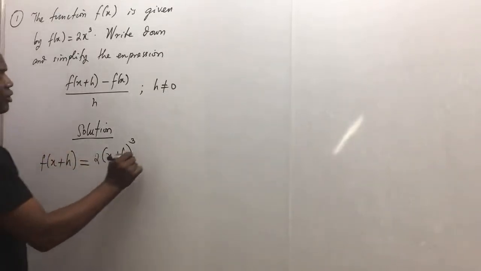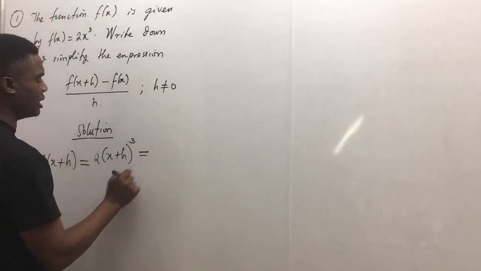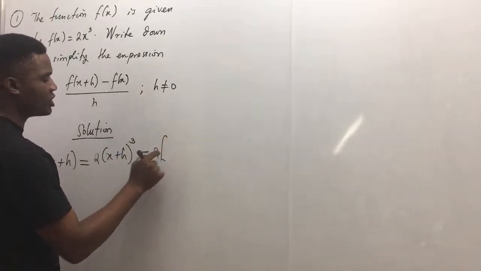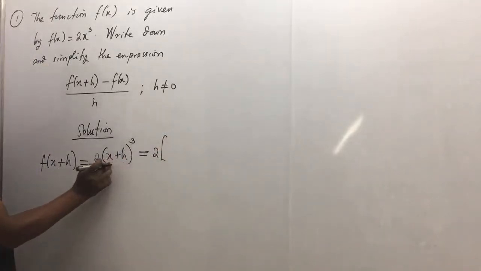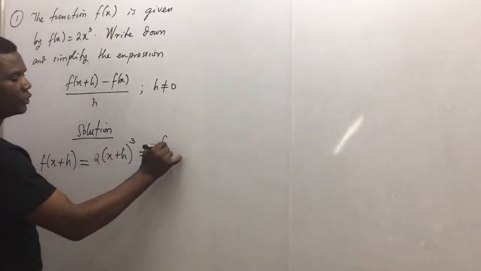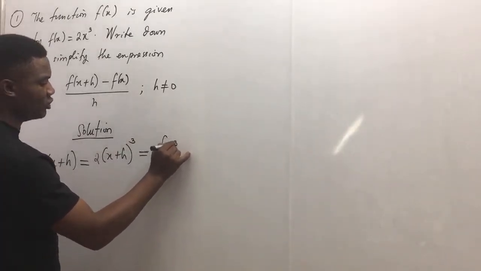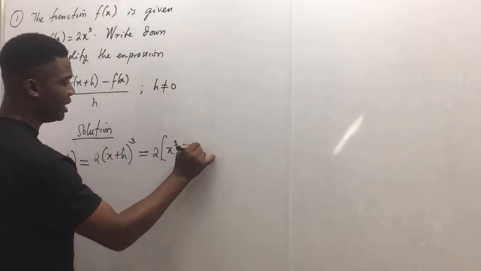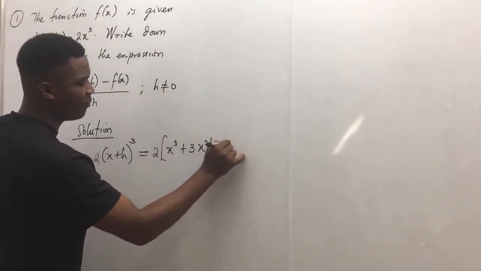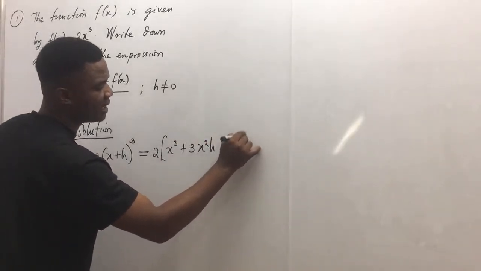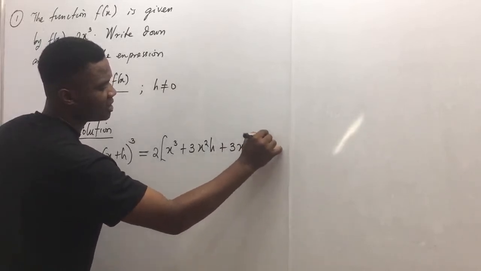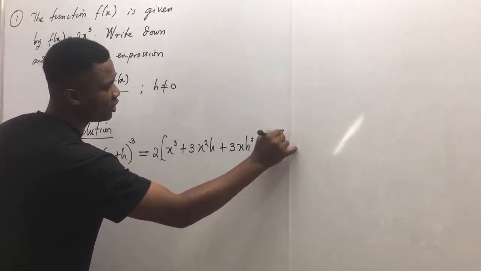Now, I'm going to simplify this expression immediately by using the expansion. So when you expand x plus h all cubed, you would end up having x cubed plus 3x squared h plus 3x h squared plus h cubed.